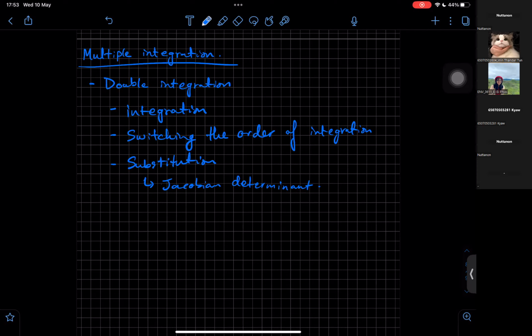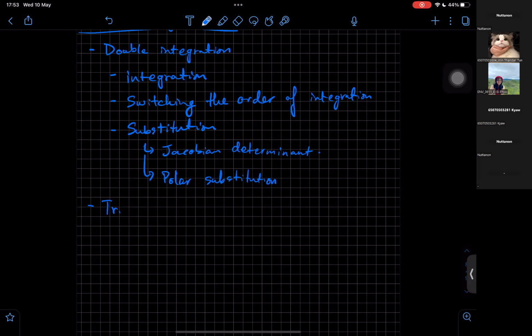One of the substitutions that is mostly used will be the polar substitution. And I think the double integral is just this.